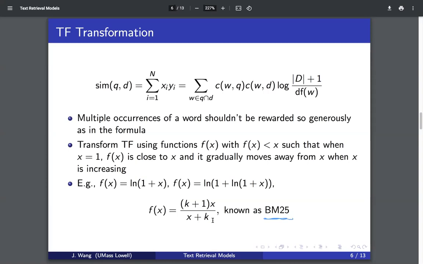Of course we can use this function or that function, but the best for text retrieval is this function. Because it's good, we give a name to it. That's called BM25, best match 25.